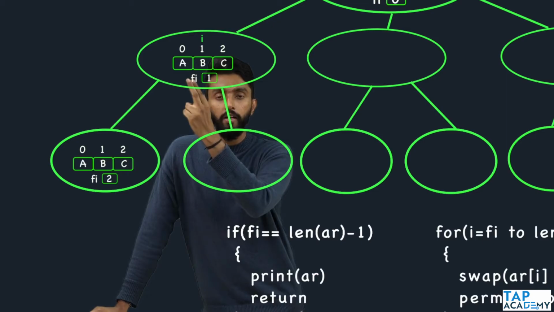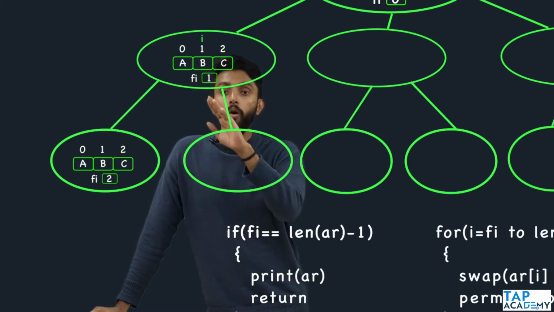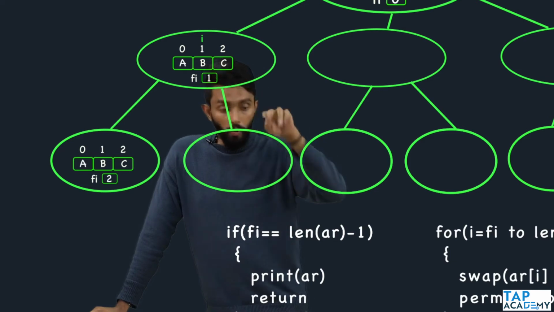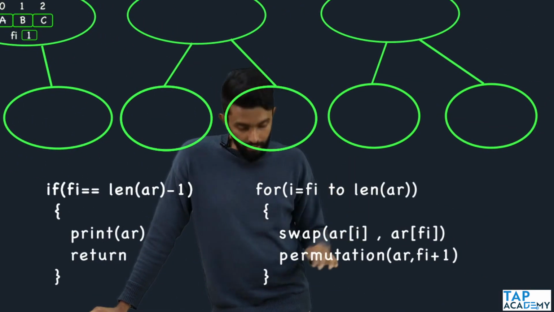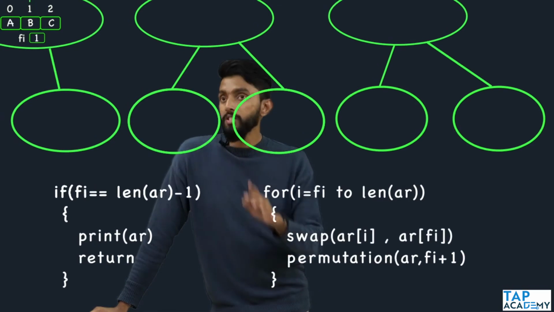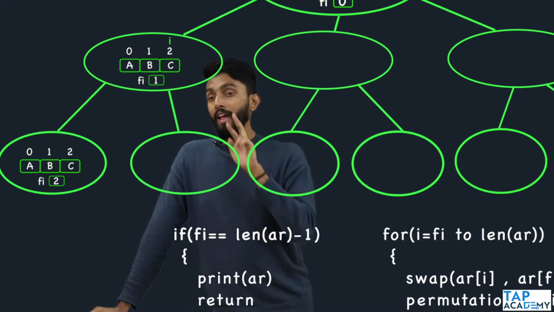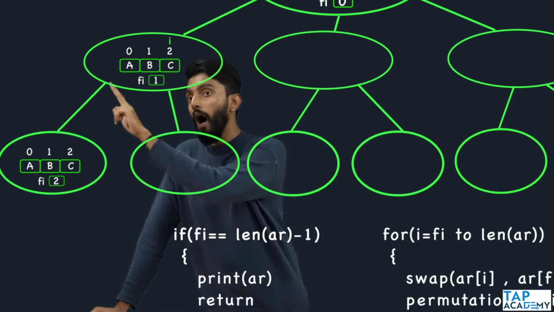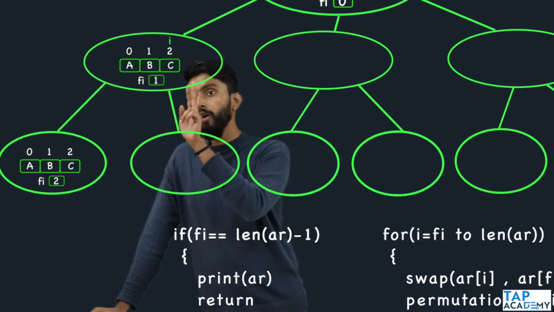Once I return it, please understand, here the string is the same, right? Now, what is going to happen is, you are within a loop. So, obviously, I will increment. I was near 1, now it will become 2. Then again, you have to swap array of I with array of fi. I is 2, fi is 1.